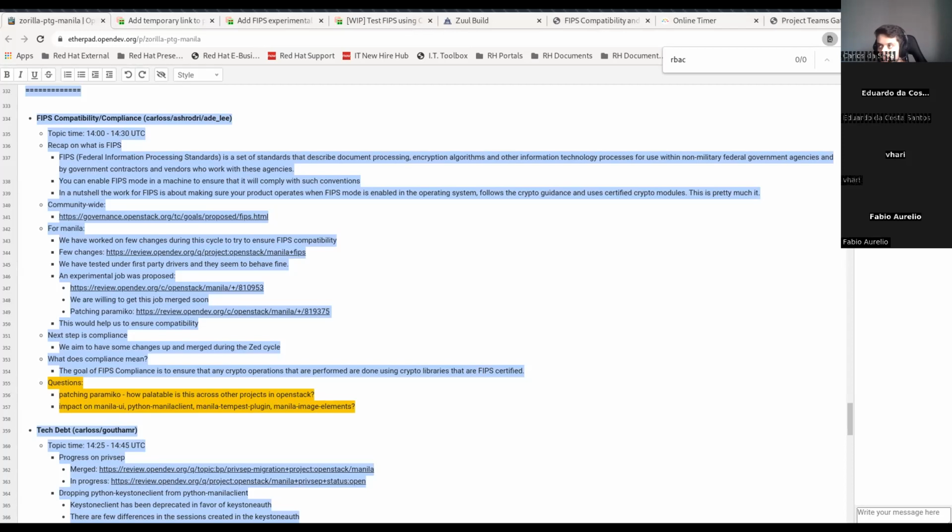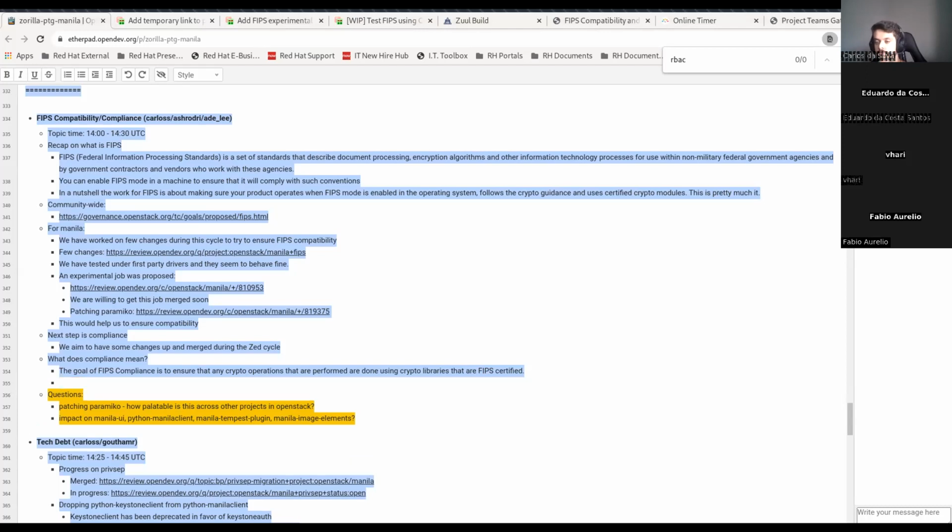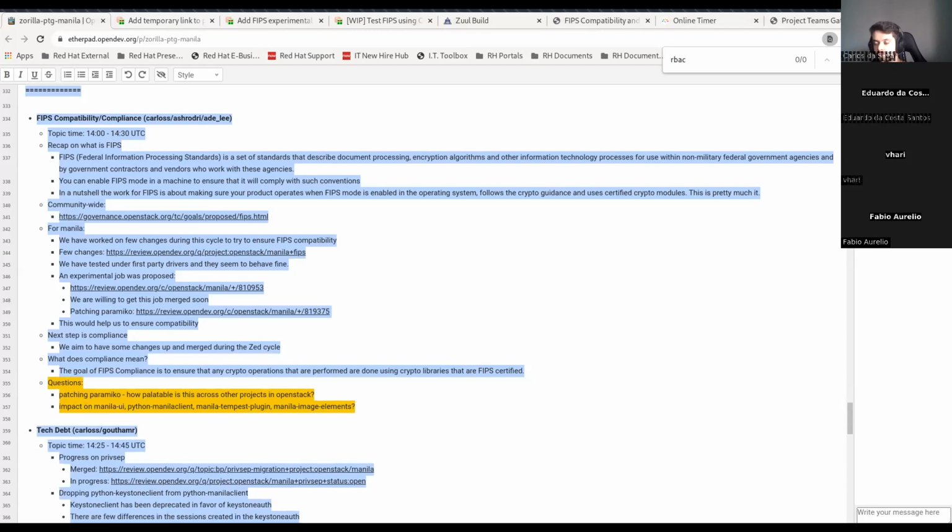And so for the Z cycle, I think that we plan to select the milestones all for compatibility, which means that hopefully by the end of the Z cycle, certainly by the end of the Z cycle, all of the projects, including Manila, will have their FIPS jobs as part of the CI.